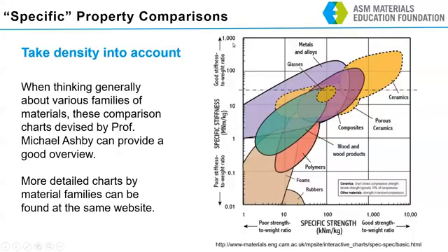So this allows us to compare different kinds of materials based on the stiffness to weight ratio. Down here on the x-axis, we've taken strength data, how much force does it take to break something or to permanently deform it, and we've divided by the density.